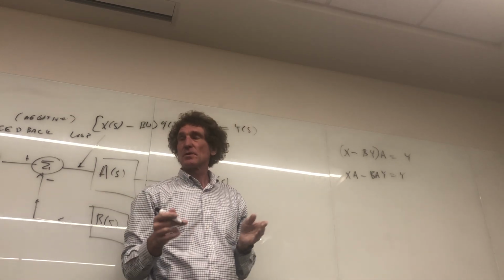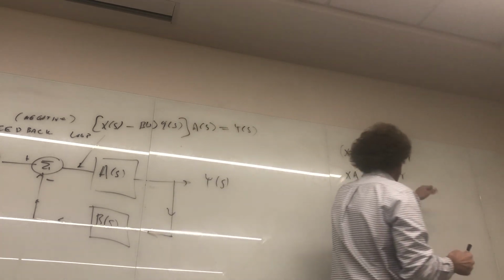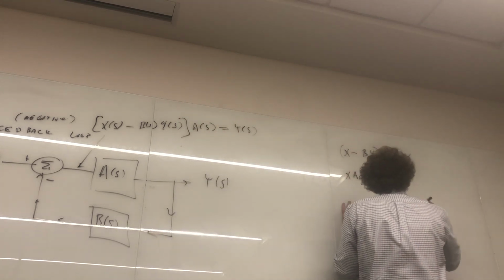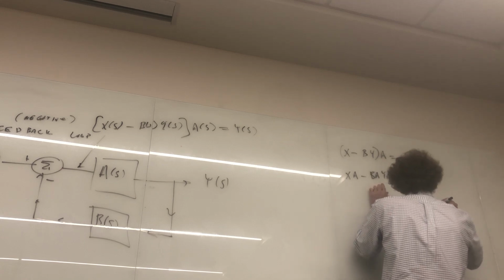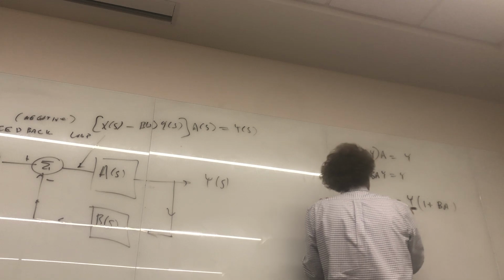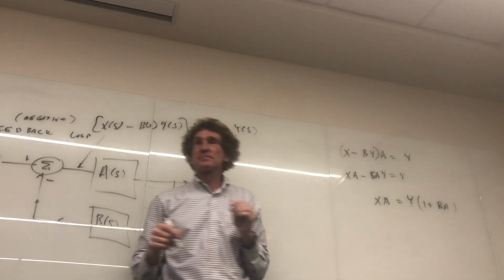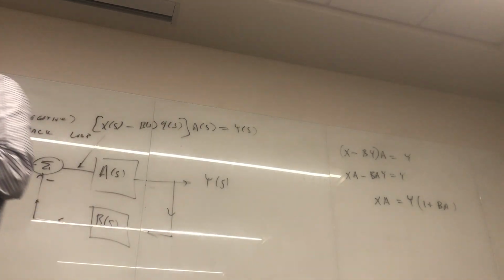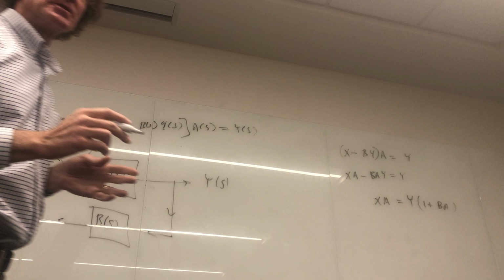Just going through the math. Then I'm going to take this to the other side. So now I have y times 1 plus beta A, and that's equal to x times A. You all see what I'm doing? Just rearranging. What I'm after is y over x. That's y of s over x of s, which is h of s.